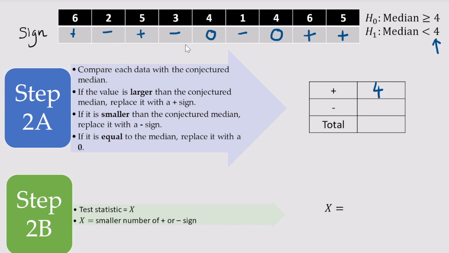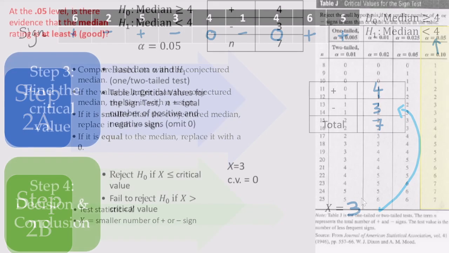We have 1, 2, 3 negative signs, and in total we have 7 positive and negative signs. So our test statistic X would be the smaller value of either 4 or 3, and it would definitely be 3. Okay, so our test statistic is equal to 3.